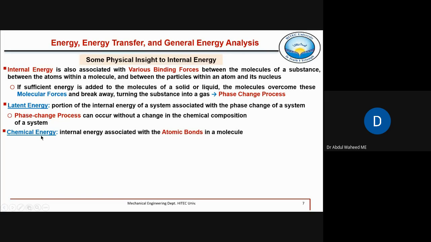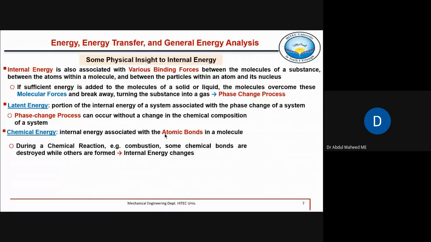The third one is chemical energy. This is the internal energy associated with the atomic bonds in a molecule. Whenever the bonds, not binding forces, it is the bonding forces, of those molecules break and new molecules or new substances are made, the energy which is released during that is known as chemical energy.